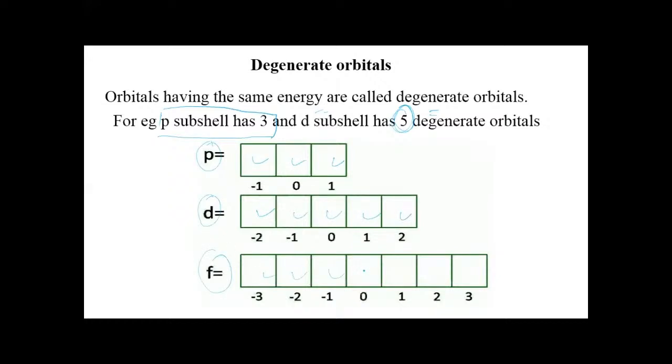It means in the p subshell all 3 orbitals have the same energy. In the d subshell all 5 d orbitals have the same energy. In the f subshell all 7 orbitals have the same energy.